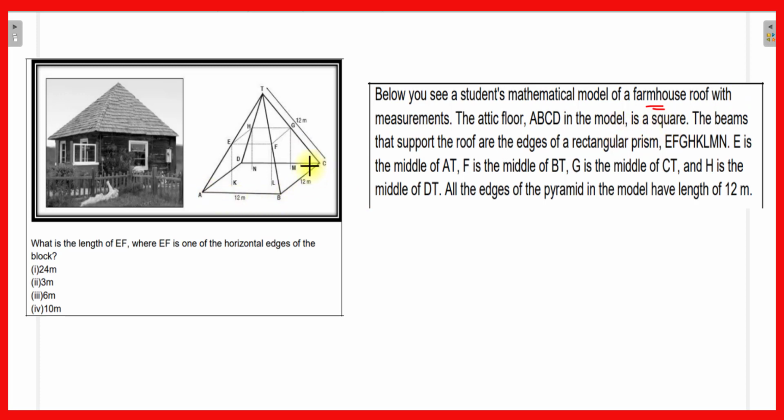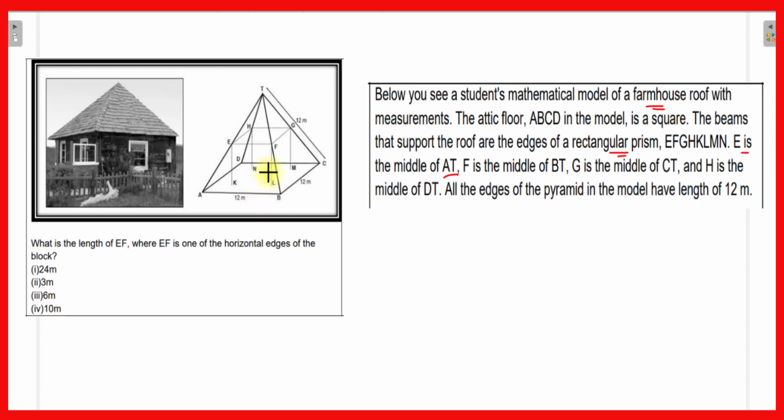The beams that support the roof are the edges of the rectangular prism. It is given that E is the midpoint of AT.